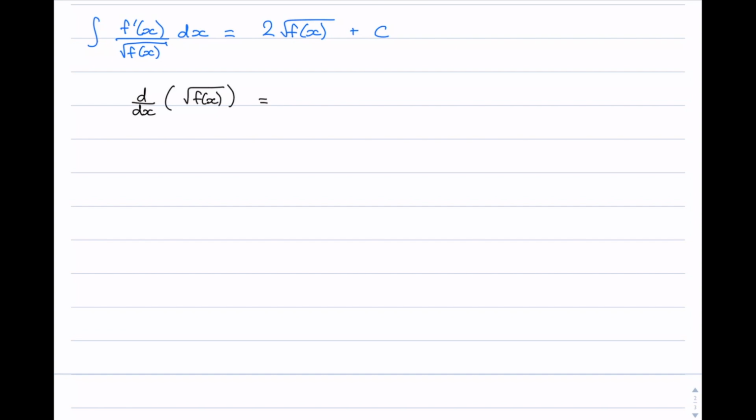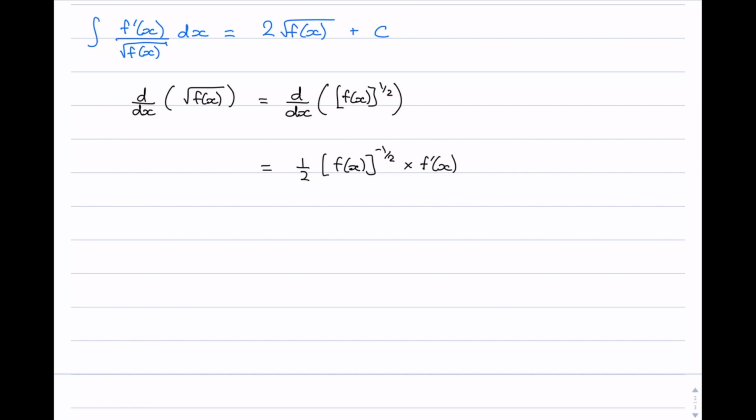Now, of course, when we take derivatives and we have surds, we like to write those as exponents, as indices or as powers. So that's going to be f of x to the power of a half. All right, and when we differentiate that, that's just going to be the chain rule. We bring down the half, we take 1 away from the power, so that it will become negative a half, and then we also have to multiply by the inside derivative, which is going to be f dash of x.